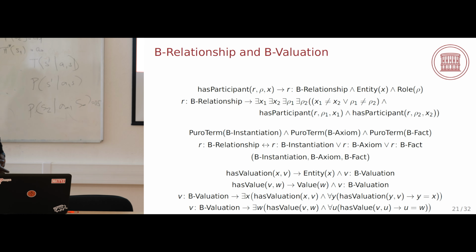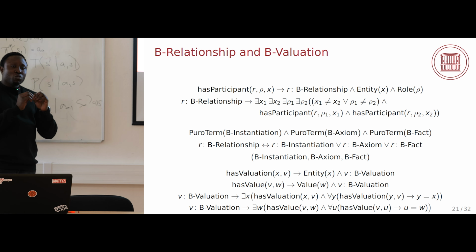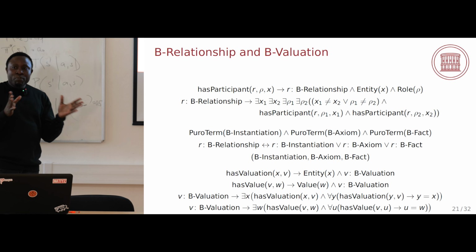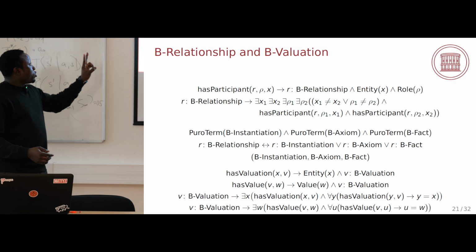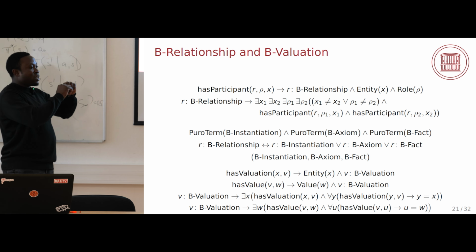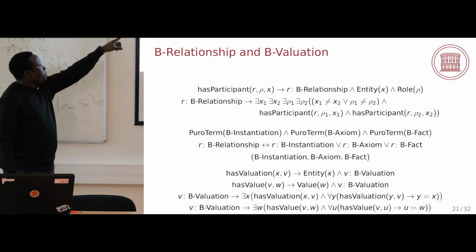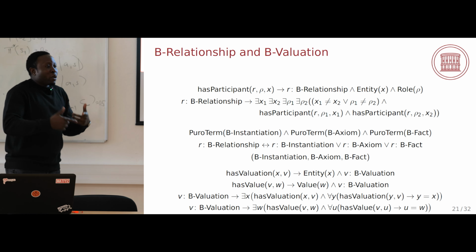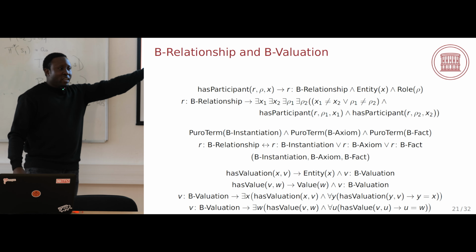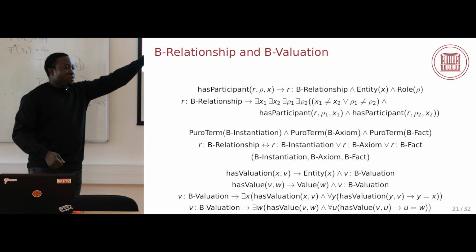And then in the axiomatization of the B relationship, one thing we realize in the old ontology is that it's more of a binary form of relation. But here we can extend that to have a ternary form of relation, which we use the has participant predicate to capture. So if R is a B relationship, then the entity that participates in this relationship is X, and the role they play in the relationship is denoted by rho.